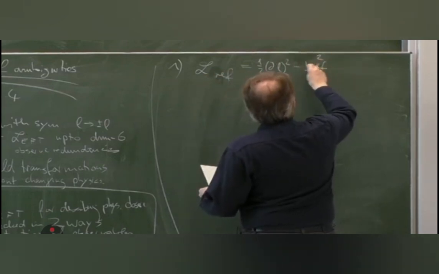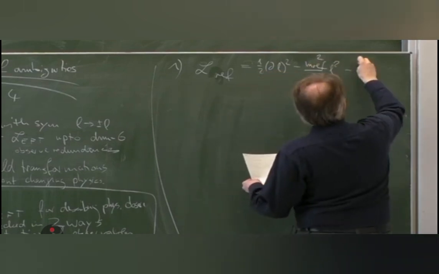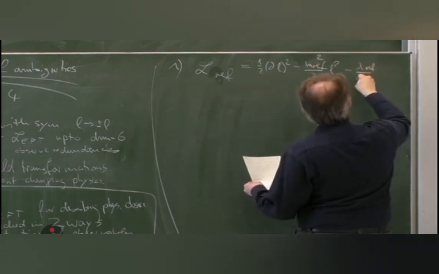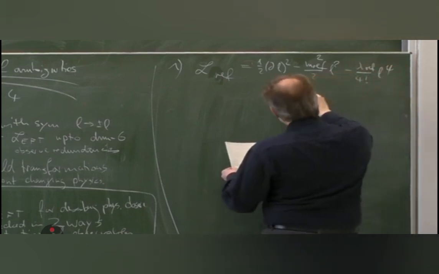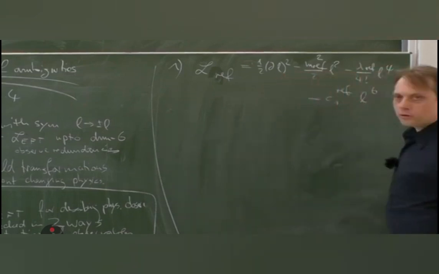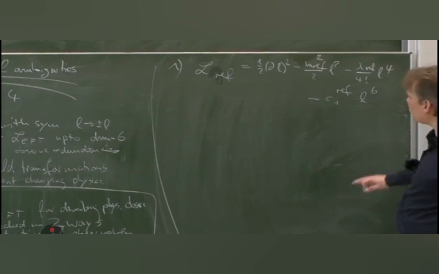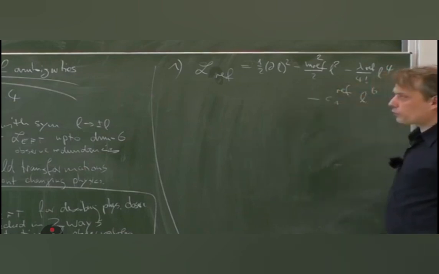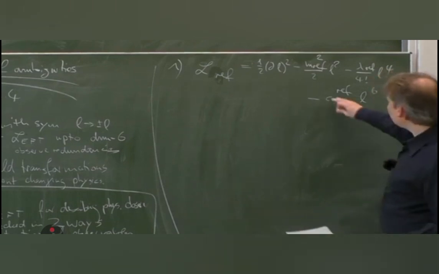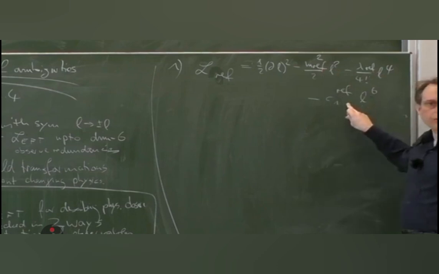I call it m reference for the mass term, minus lambda reference over 4 factorial l to the 4, minus c1 reference l to the 6. And from some other exercise we know that this Lagrangian is sufficient. It contains the fully general terms which are necessary to describe physics at the dimension 6 level of this theory. So there are 3 physical parameters: the mass, the quartic coupling, and the 6th order coupling.